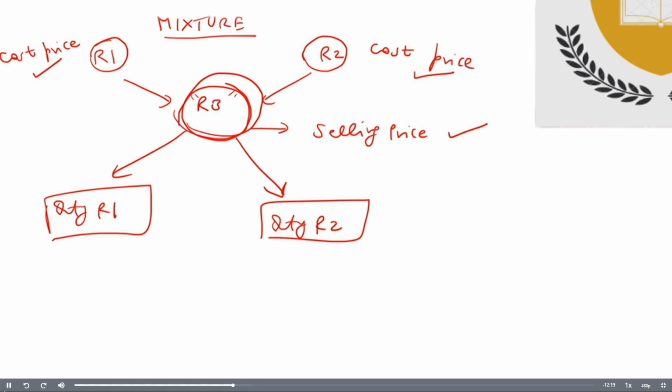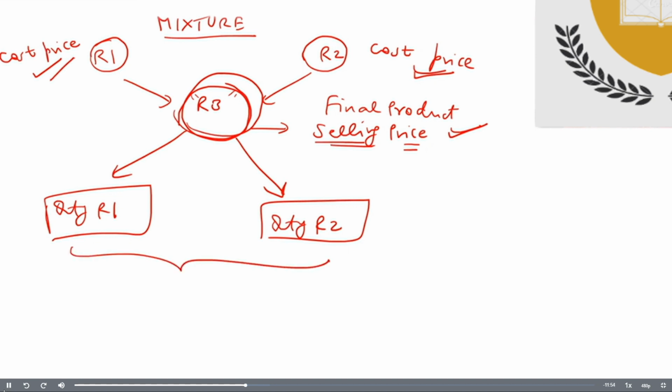You will be told how much to sell that final product for. The cost price of both raw materials and the selling price of the final item will be given. You will be asked to find the quantity required of rice 1 and rice 2 to manufacture the final mixture. Using these three details, you need to calculate the quantities.